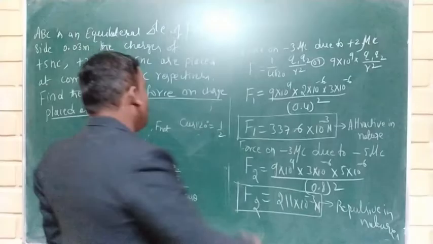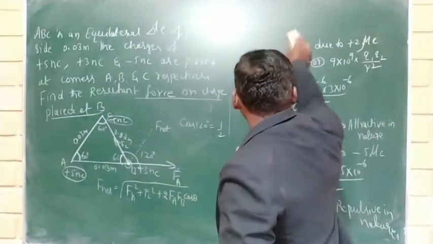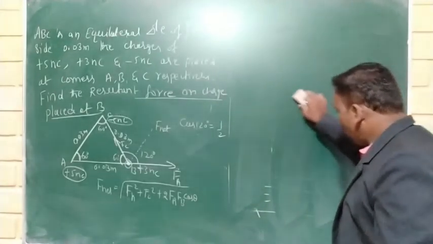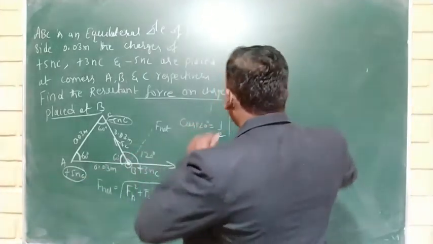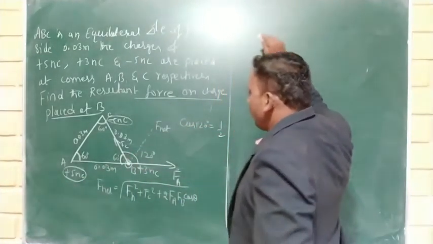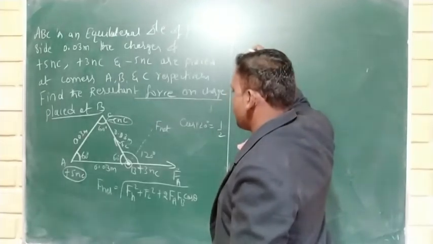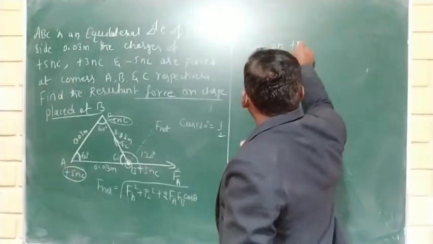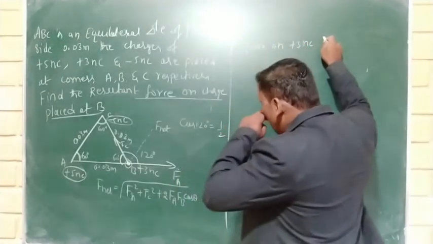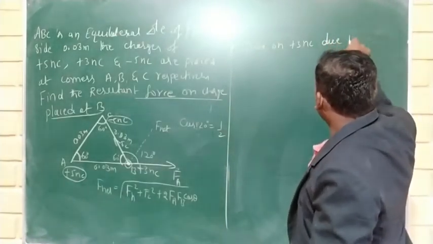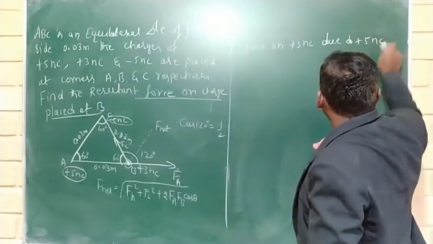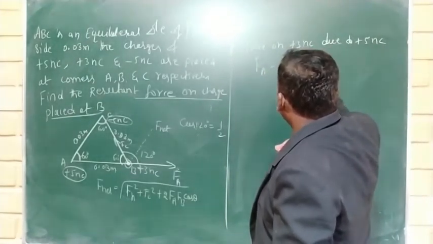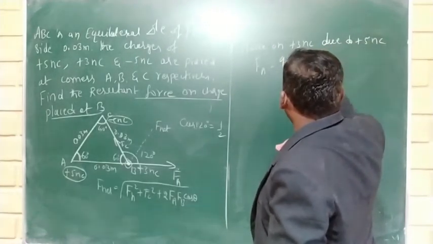First, we have to calculate the force on the plus 3 nanocoulomb charge due to the plus 5 nanocoulomb charge, called FA. FA is equal to 9 into 10 to the power of 9 into Q1 Q2 divided by R square.